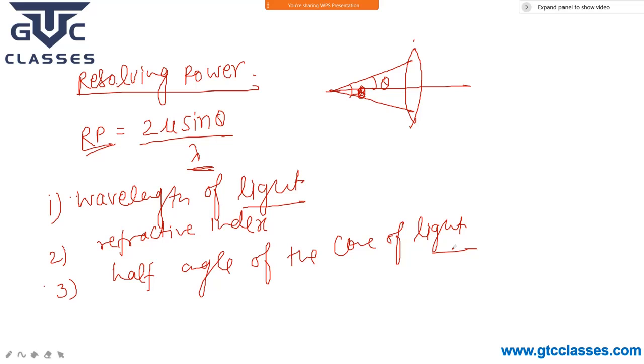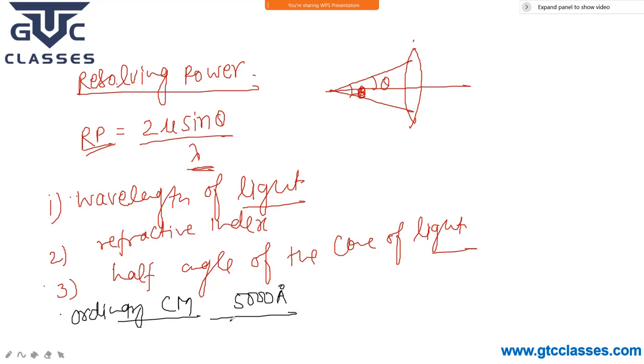Correct? Now based on this, generally an ordinary compound microscope has a resolving power of approximately 5000 angstrom.